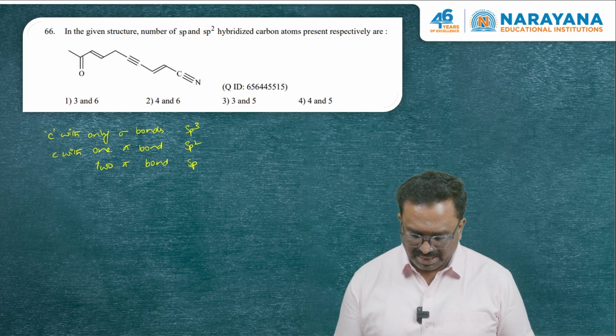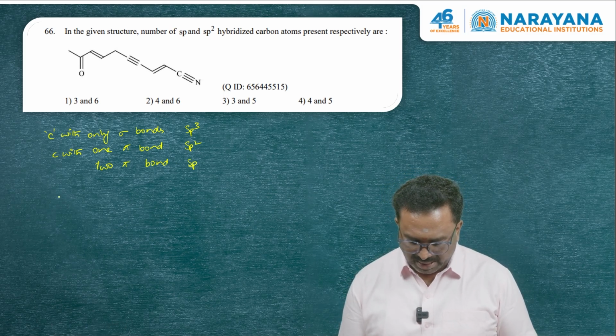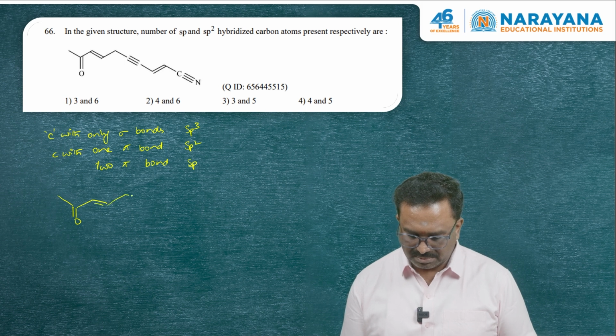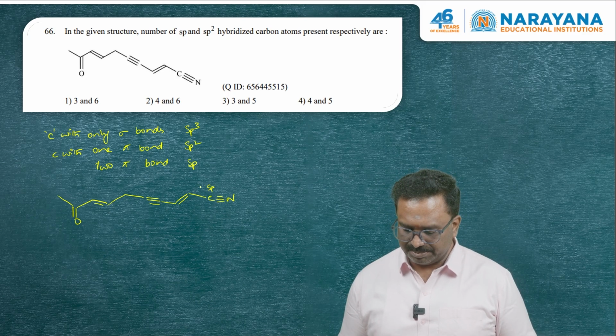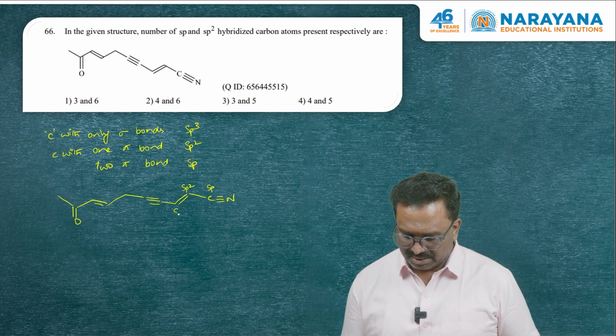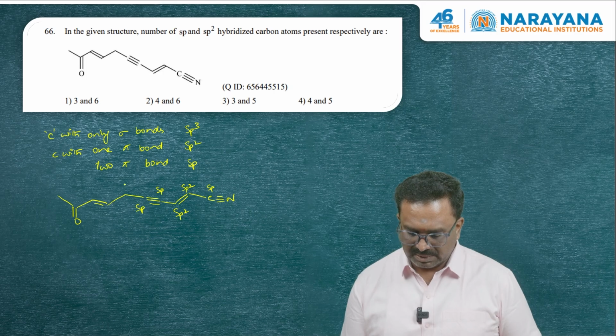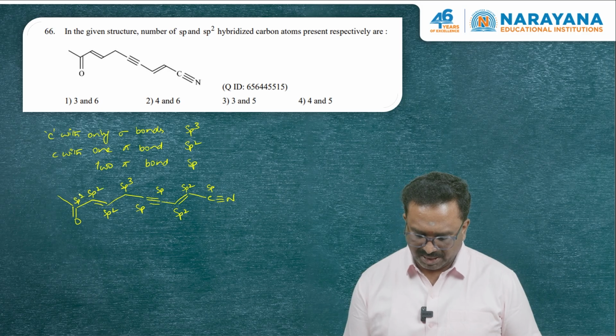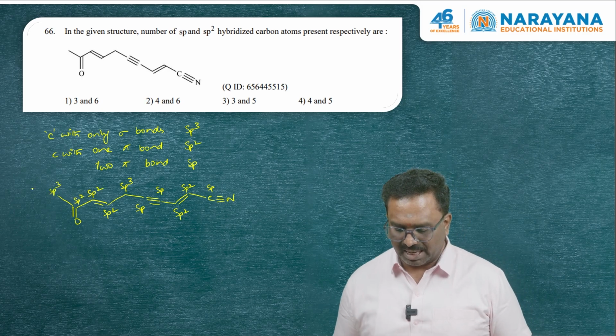So here you can identify, for the given structure, the cyanide carbon is sp and the next carbons with one pi bond are sp2. Here we have an sp carbon and in the middle this is an sp3 carbon, again sp2, sp2 and here is an sp2 carbon, this is an sp3 carbon.